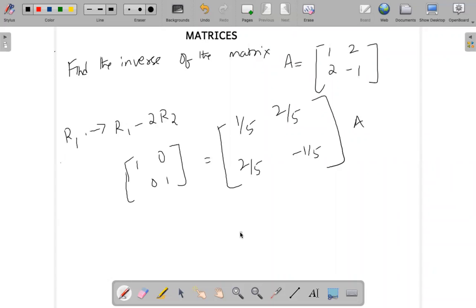So that is A inverse would be 1 by 5, 2 by 5, 2 by 5, minus 1 by 5. This is the inverse of A. So what we have done.